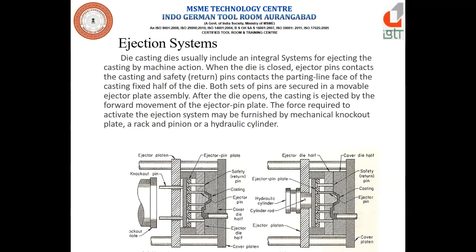Then there are accumulators also. Accumulators are available at the front end from where the material is poured. Most machines use piston type accumulators. The accumulators are large steel vertically oriented cylinders.